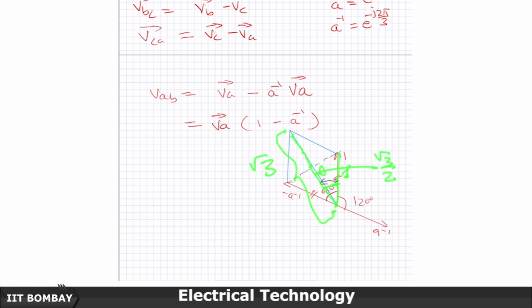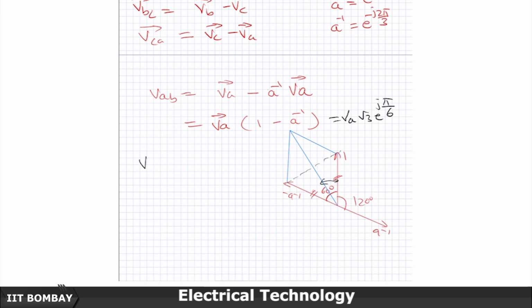So, if this is 1, this is a length of root 3 and it leads this unity phasor, the vertical unity phasor, the reference phasor by half of 60 degrees. So, therefore, by 30 degrees. So, therefore, this is going to be equal to VA root 3 e to the power j pi by 6.